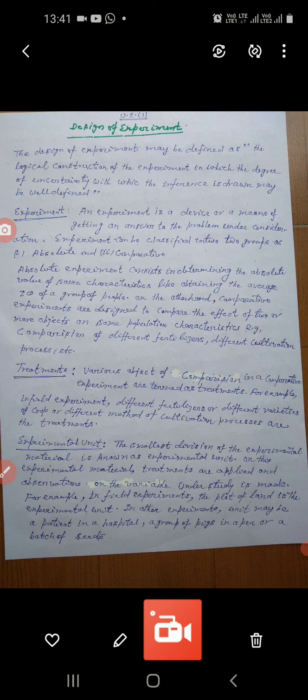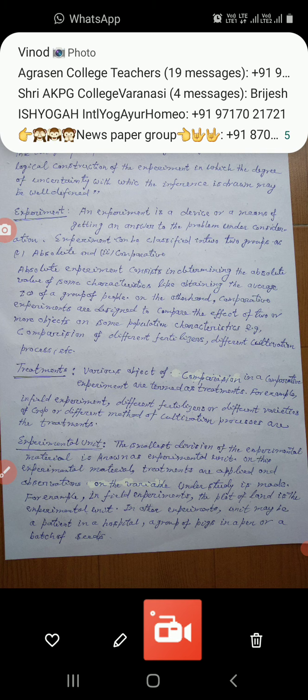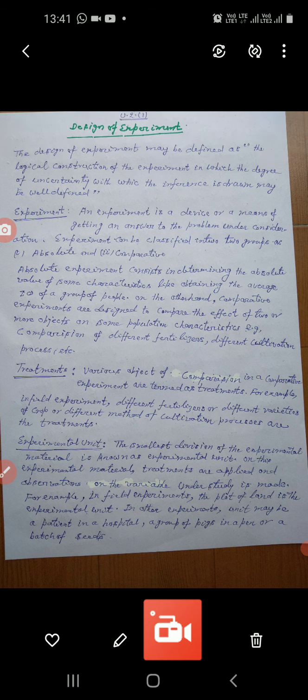And experiments may be classified into two groups, absolute and comparative.